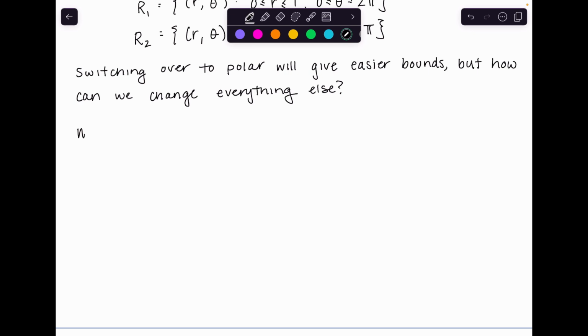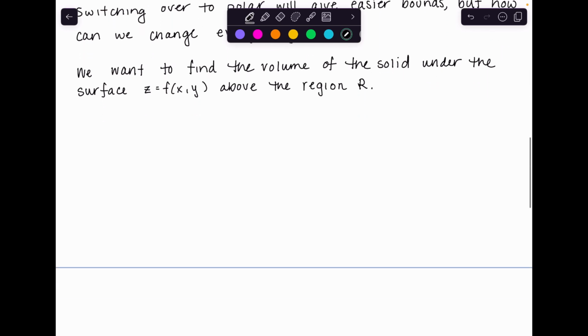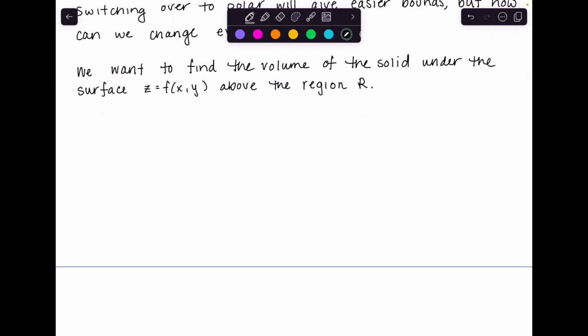So our goal is we want to find the volume of the solid under the surface z, which is a function of xy, above the region R. And again, this region R is very likely to be described easier in polar coordinates.